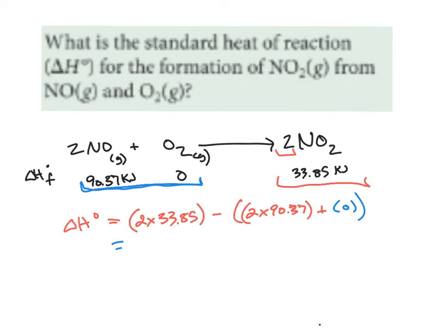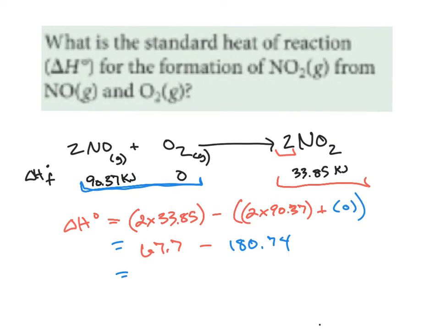2 times 33.85 is 67.7 minus 2 times 90.37, so 180.74, so 67.7 minus 180.74.